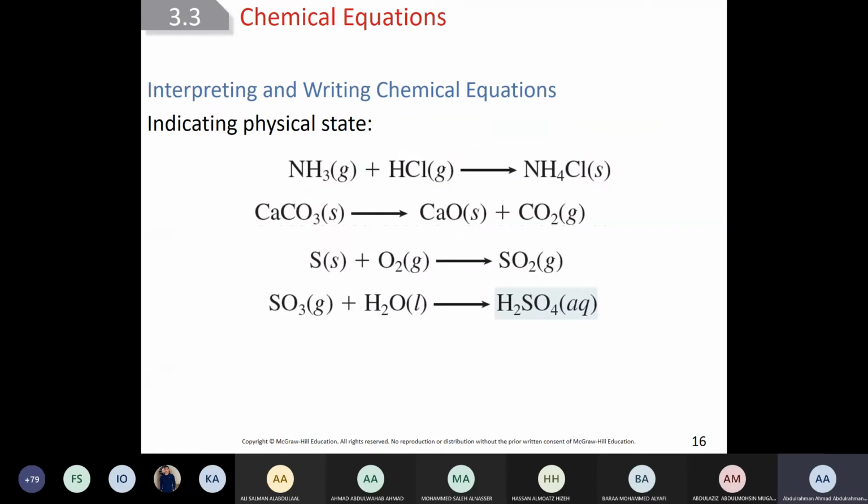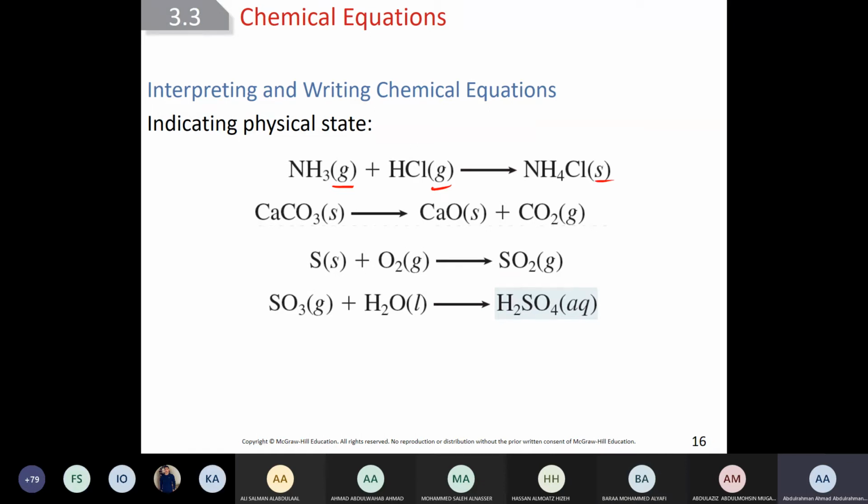Okay, good. So we also like to write in the chemical equation the physical state. What's this word? Gas. This one? Solid. This one? Gas. Gas. What's this? Liquid. And this one?